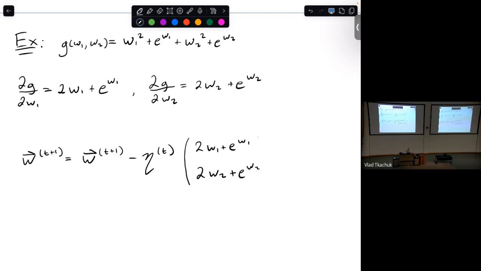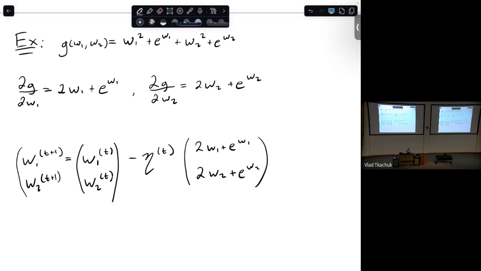And maybe to make this more clear, this thing's a vector. So let's just write it out visually in vector form. So it has a first index and a second index. Oh, and this is at time step t, of course. And then you end up updating the whole vector at time step t plus 1.